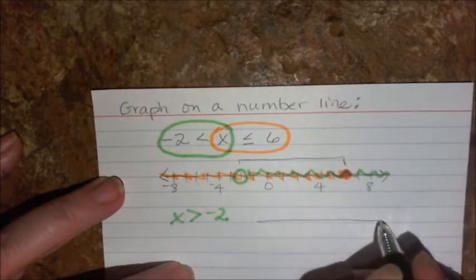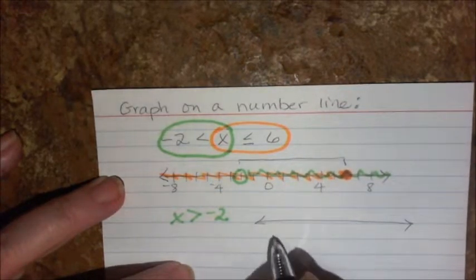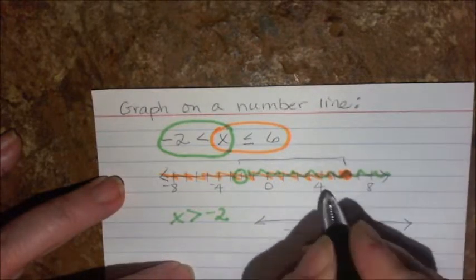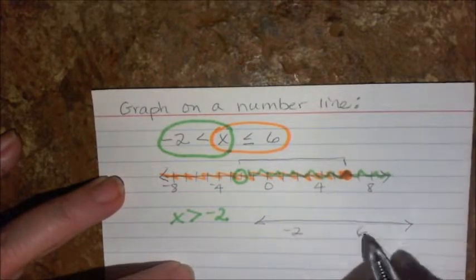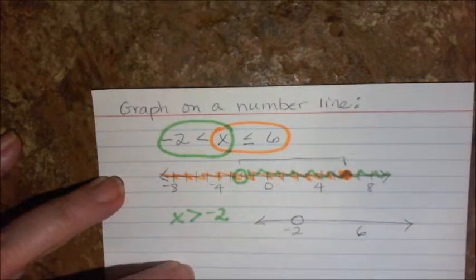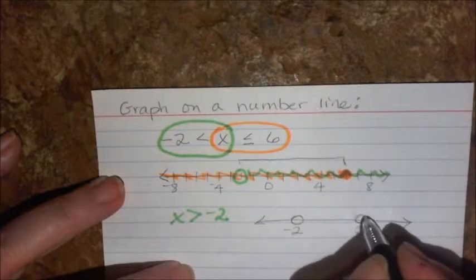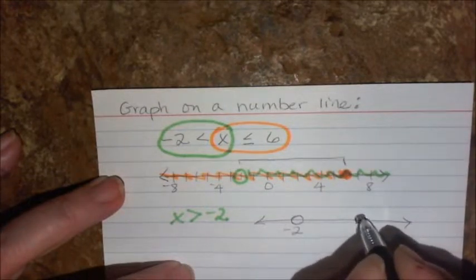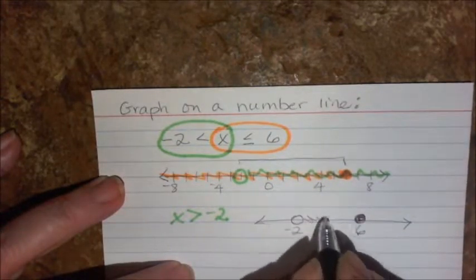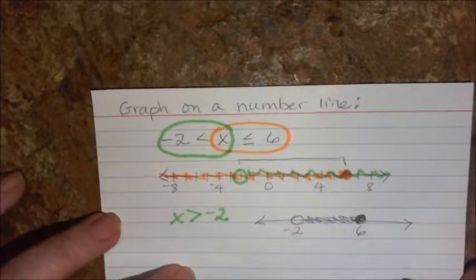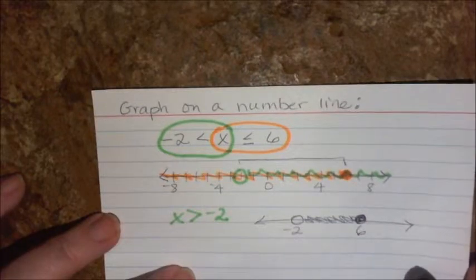A brand new number line would show the number -2 and the number 6, with an open dot on -2 and a closed dot on 6, and the shading between. Okay, we graphed that one on a number line.